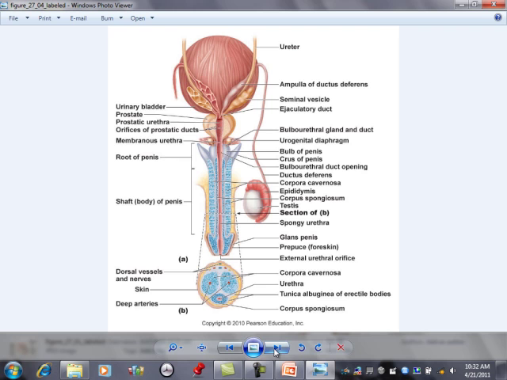So secretions from the seminal vesicles and the prostate gland and the bulbourethral gland combined will form semen. And semen serves all of these purposes. So, prostate gland, a single donut-shaped gland, the size of a peach pit, is going to secrete what?